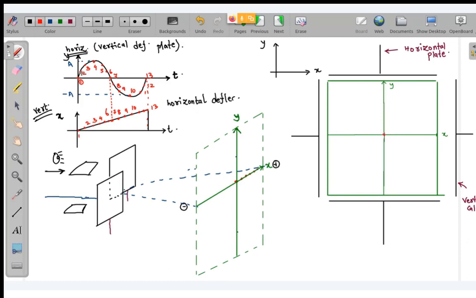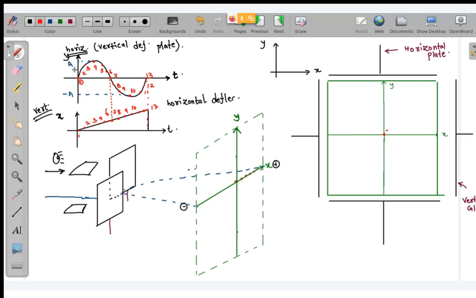Now see, for the second point, you can see what will happen. Both the voltages are acting, and the electron corresponding to this point will get deflected and strike somewhere over here.